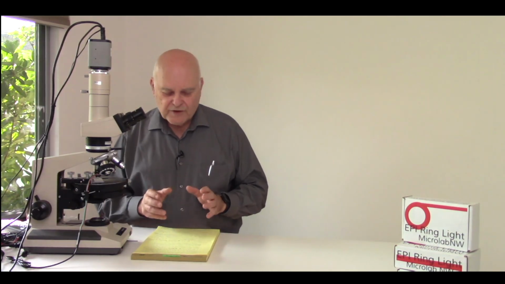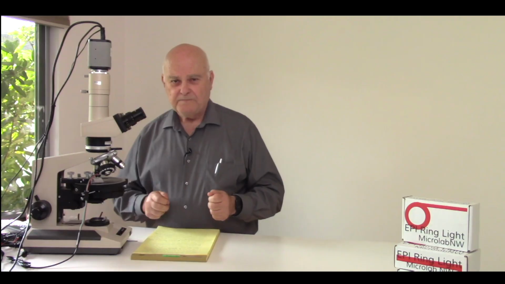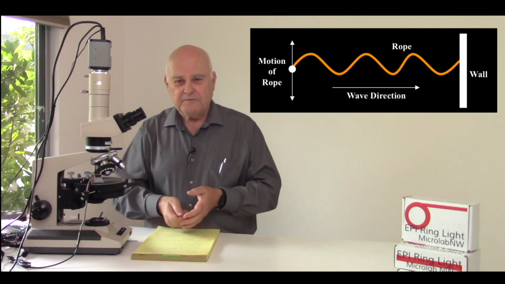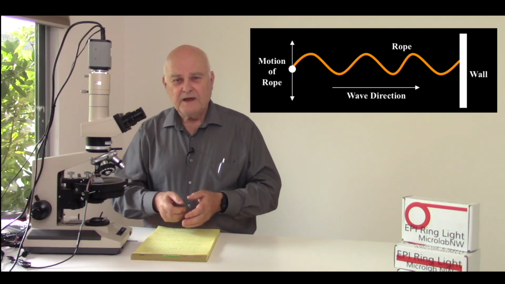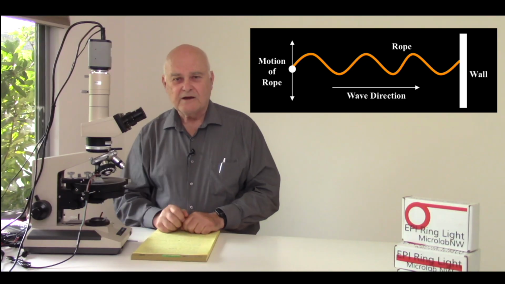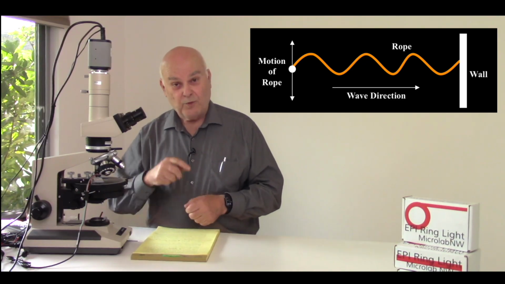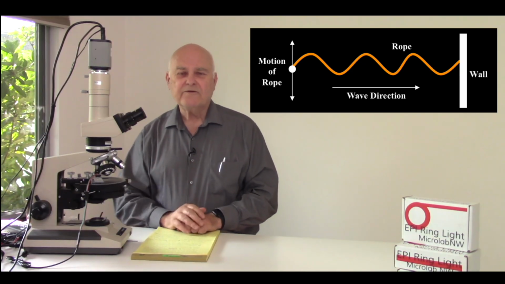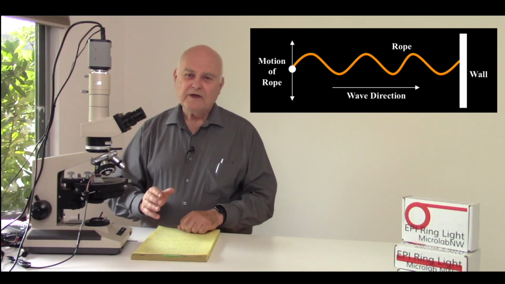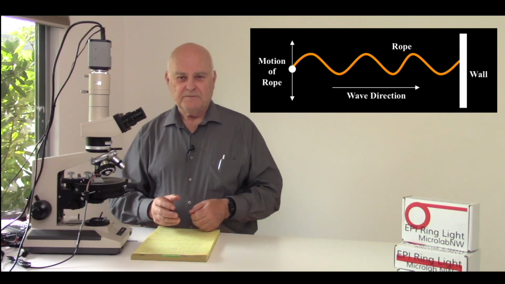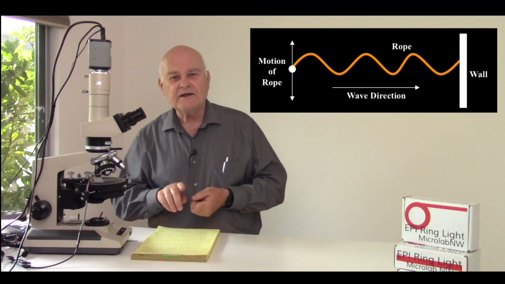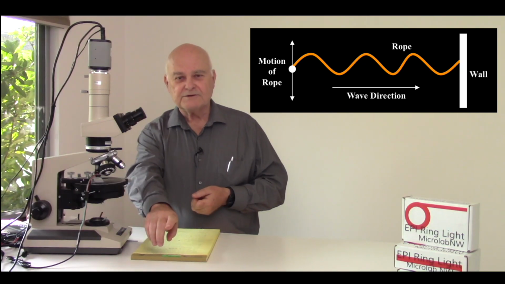If we were, for instance, to take a rope and attach it to an anchor, and then move that rope up and down, the rope doesn't move to the anchor, but the wave does. A transverse wave is a wave whose energy is up and down, not in the direction that the wave travels.